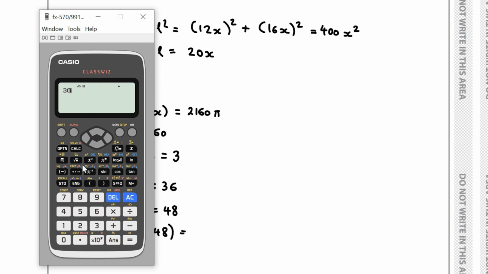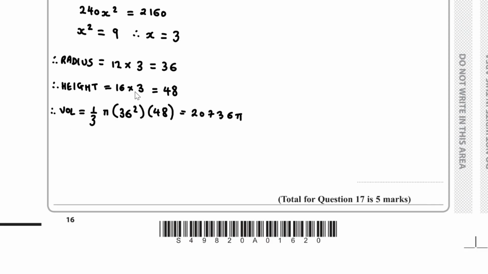Let's start: 36 squared times 48, divide this by 3. We end up with, over here, 20736 pi.